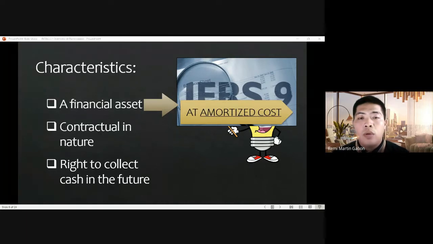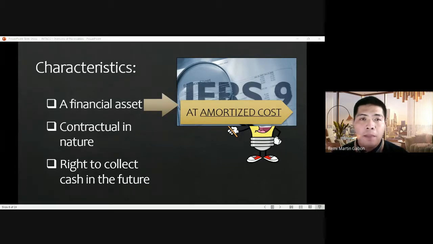If you're going to read articles from big audit firms like Deloitte, SGV, ano pa ba? KPMG, PwC, receivables are classified as amortized cost financial asset. Okay? Actually, trade and other receivables is termed as loan and receivable for other FS presentation. So depende yan on the financial statement presentation of an entity. Right? So take note, as a financial asset, as provided by IFRS 9, they are amortized cost financial assets.